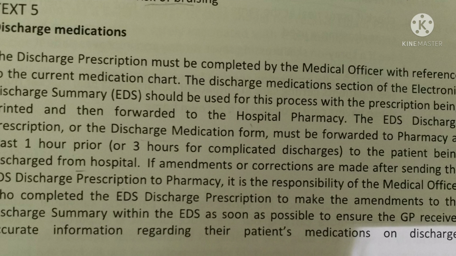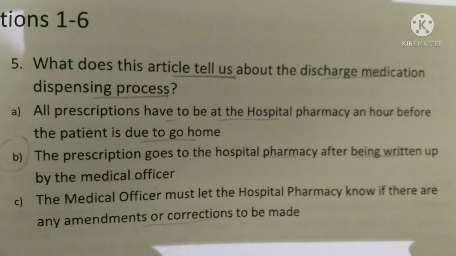Then we have to look for the keywords from the question itself. They can also use some synonyms. So the way we understand and make a summary to get the general idea of the text will give you the right answer.